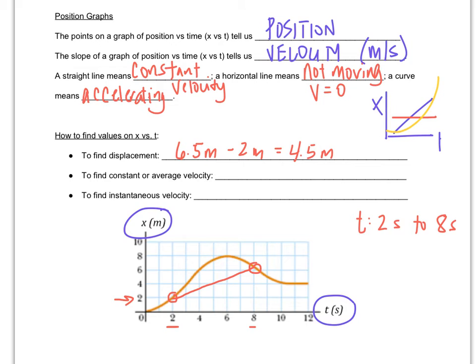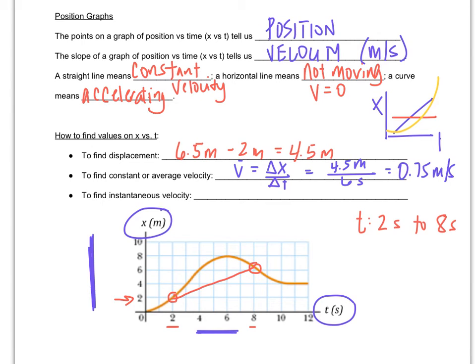So average velocity on an x versus t graph is your change in x values over your change in t values, meaning the rise over the run. We would take 4.5 meters and divide by 6 seconds, and we'd get a value of about 0.75 meters per second.